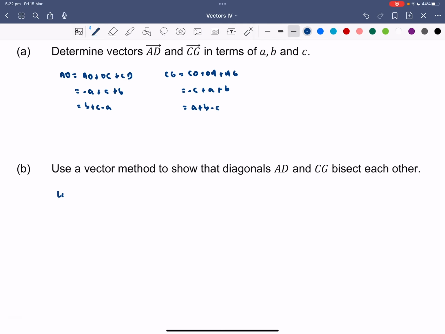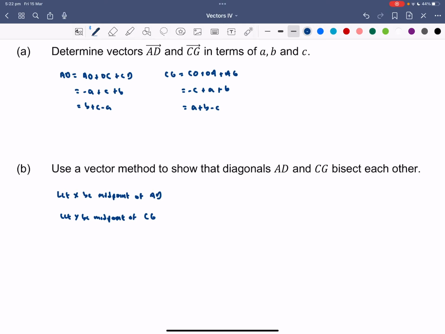Let X be the midpoint of AD, which is one of the diagonals, and let Y be the midpoint of the other diagonal, CG.